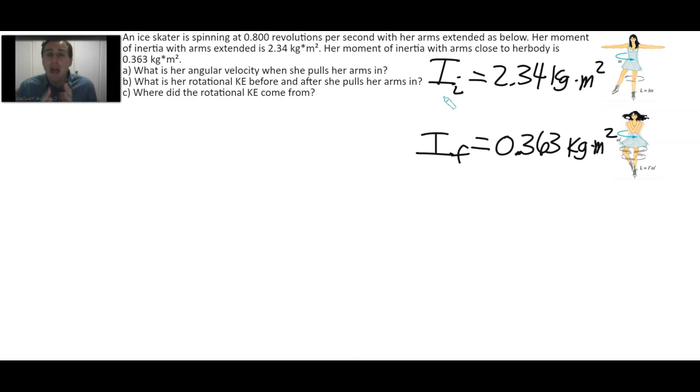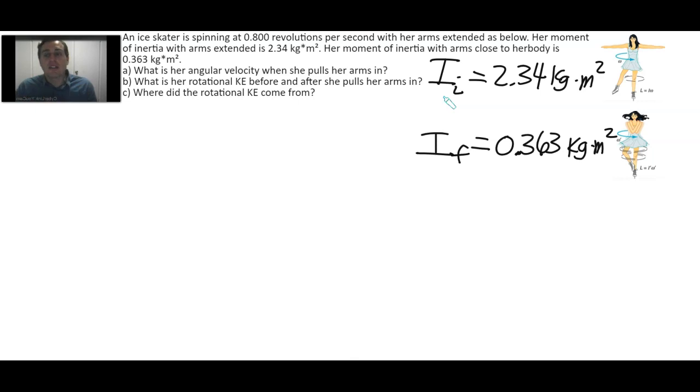So if there's no external torques, if all the torques are internal, then any torque that's on her came from the fact that it was an internal torque. And so just like linear momentum is conserved in the absence of external forces, rotational momentum, or angular momentum, is conserved in the absence of external torques.